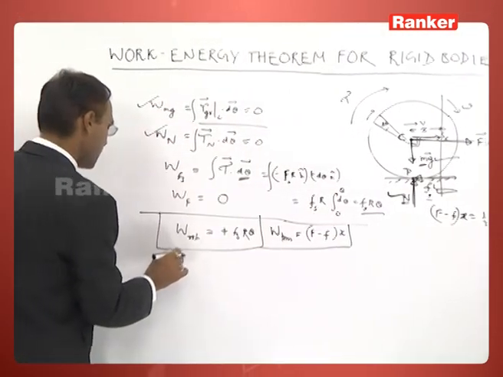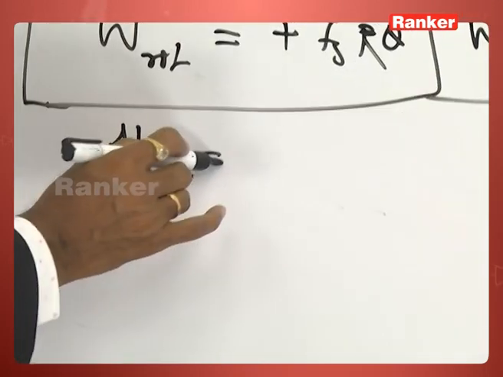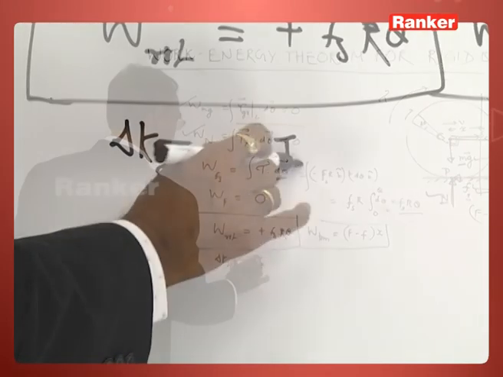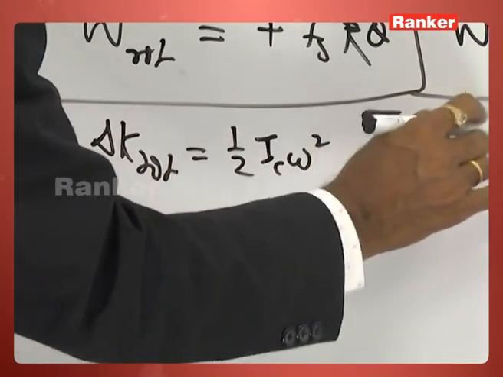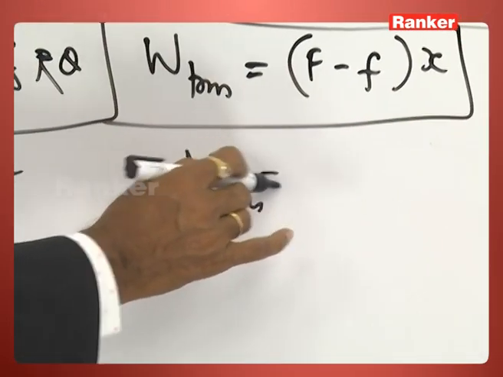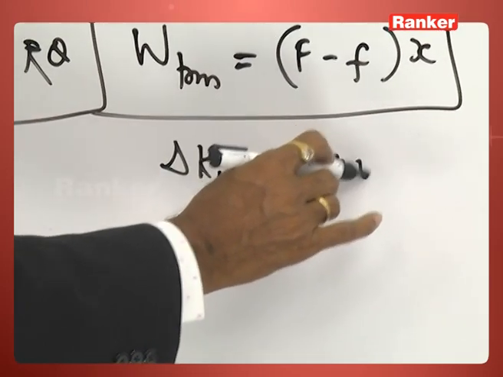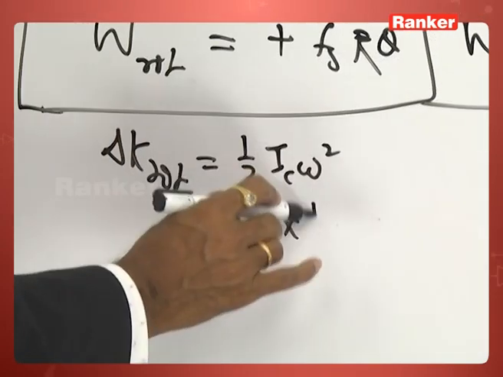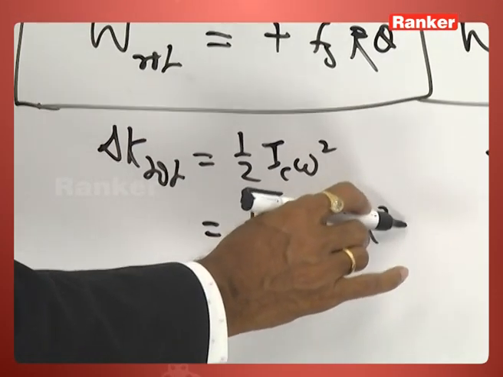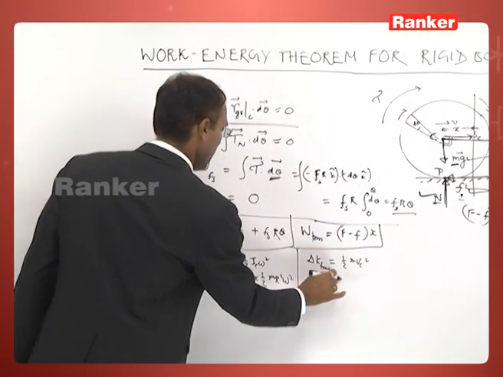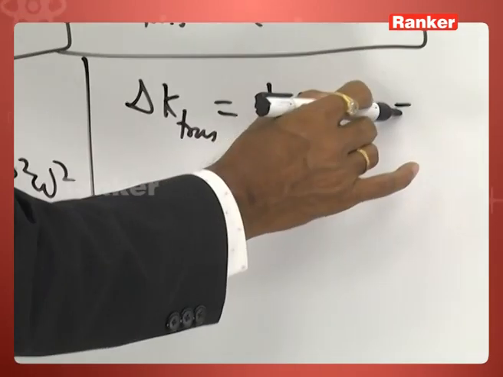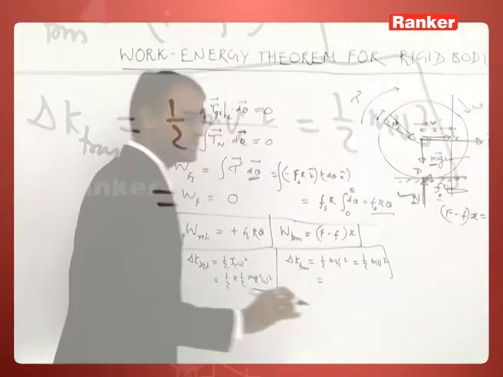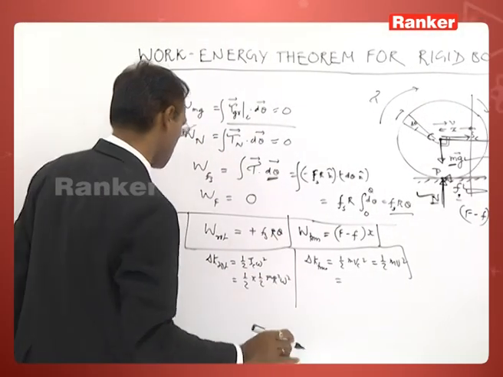The change in kinetic energy of rotation is equal to half IC omega square. The change in kinetic energy of translation will be equal to half m vc square. Half IC is equal to half of half m r square into omega square, and this will be equal to half m v square, the change in kinetic energy of translation of the rigid object.